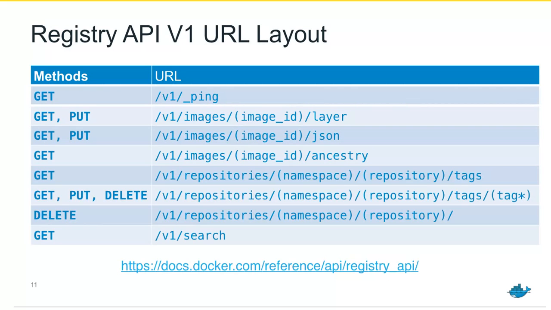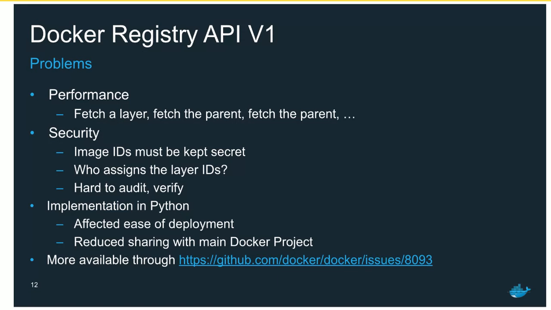The interesting point here is there's also an ancestry endpoint, which was added to deal with some of the problems with having to do a linked list fetch to grab V1 images. You can read about the registry API at the link at the bottom here, but you can just use this slide for reference later if you go back over this talk when we make the slides available.